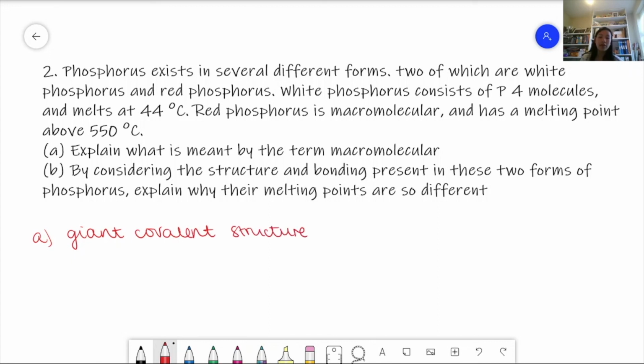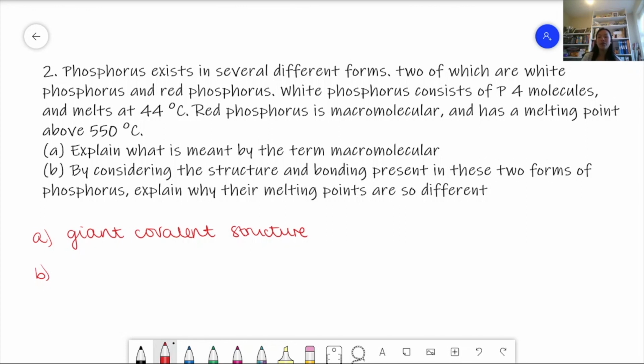And depending on how many marks you get for the question, you might want to add that it has strong covalent bonds throughout the structure. For B, by considering the structure and bonding present in these 2 forms of phosphorus, explain why their melting points are so different. So we can see that white phosphorus melts at a very low temperature, and red phosphorus has a melting point which is a lot higher.